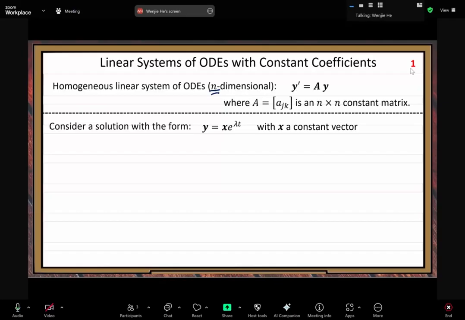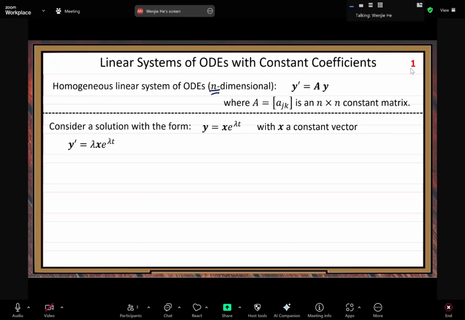x is a constant vector. We did this for the 2 by 2 case, and here we repeat the same thing for the n by n case. For y prime, x is a constant vector, so we keep it.